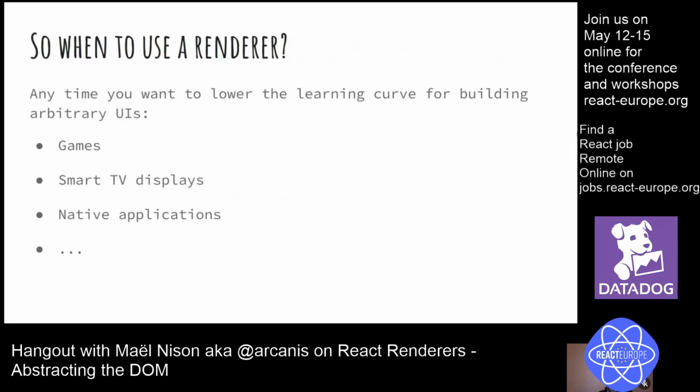So the main point of using a custom React renderer is that you will instantly make it possible for developers from a lot of backgrounds to contribute to your applications. In the case, for example, of smart TV, it's very important because it becomes much easier for third parties to write applications targeting your smart TV interface.